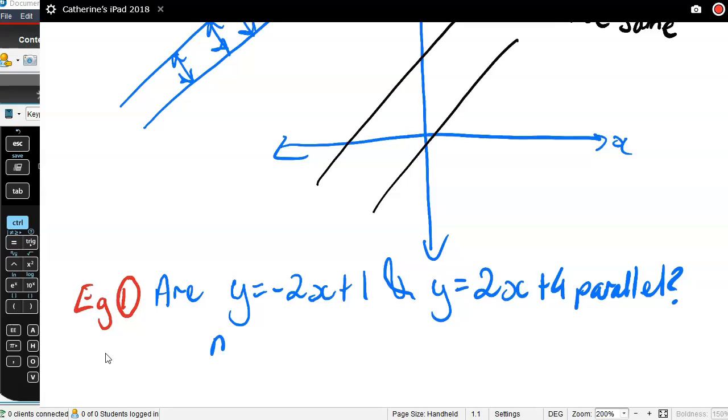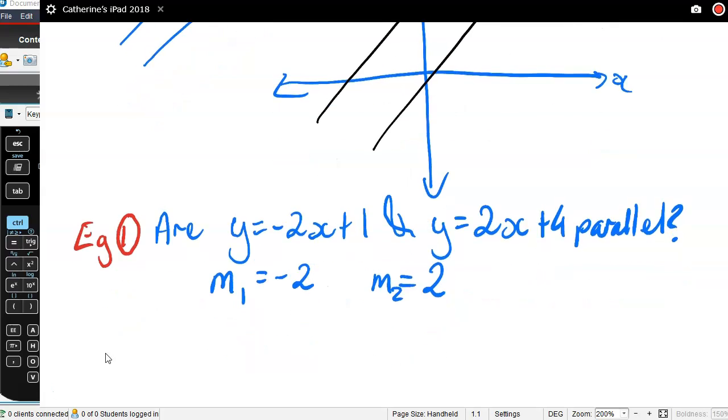Well, the gradient for the first equation is negative 2, and the gradient for the second equation is positive 2. Those two gradients are not the same, therefore they are not parallel. Okay, and that's what you're looking for. You're looking to see if those gradients are exactly the same.